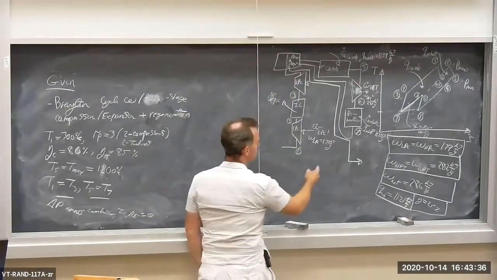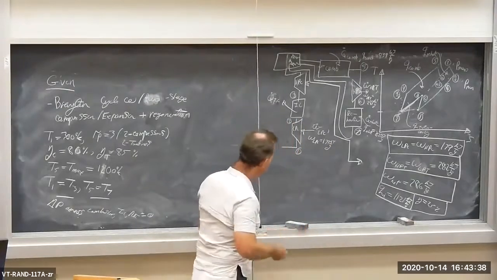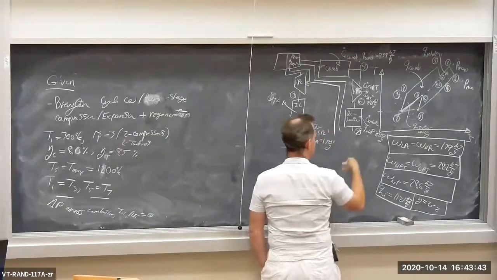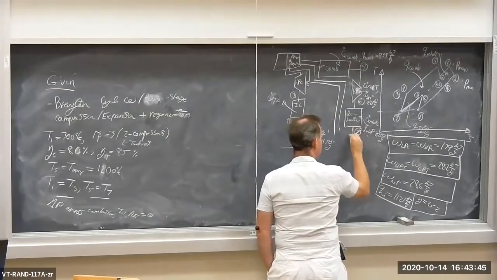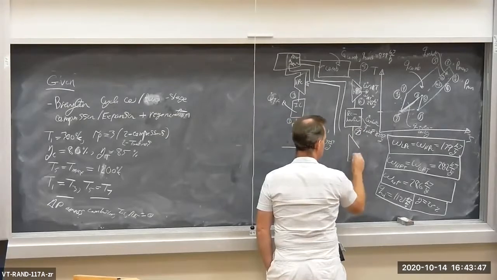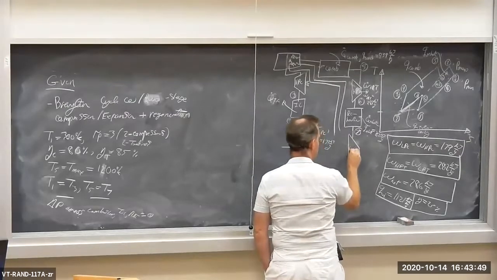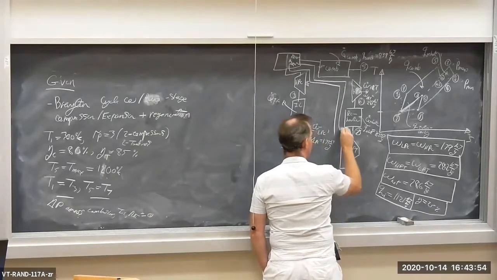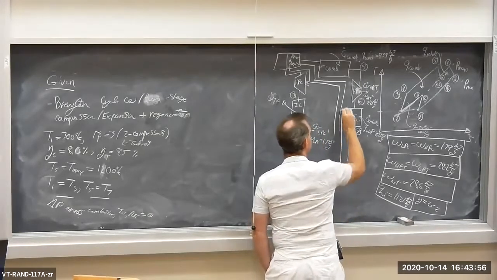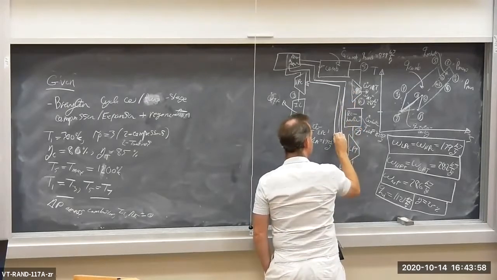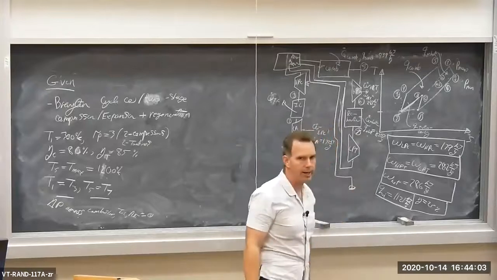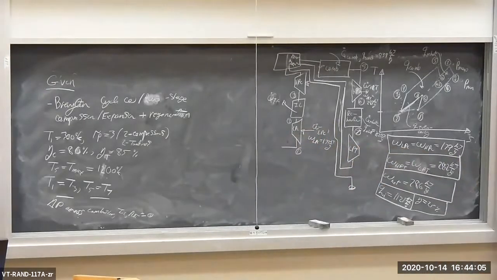So some heat is being transferred from the hot low pressure turbine. Some of that waste heat is taken from the hot LPT exit and recycled back into the cycle.